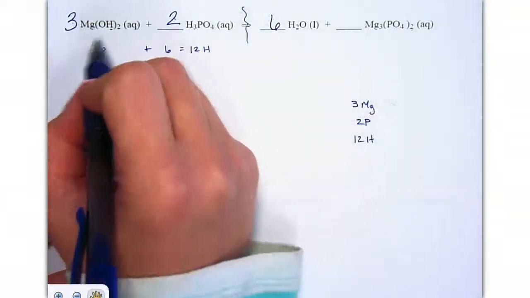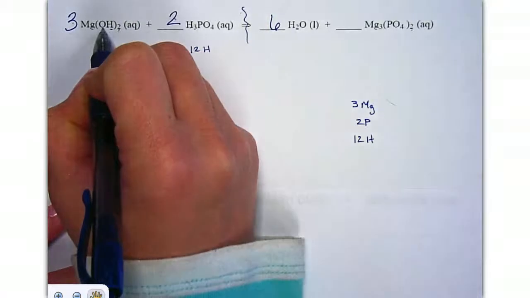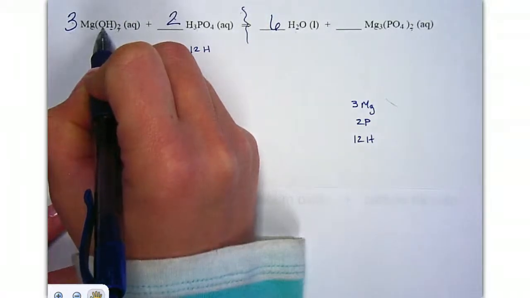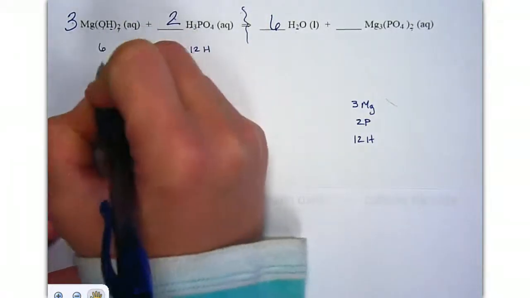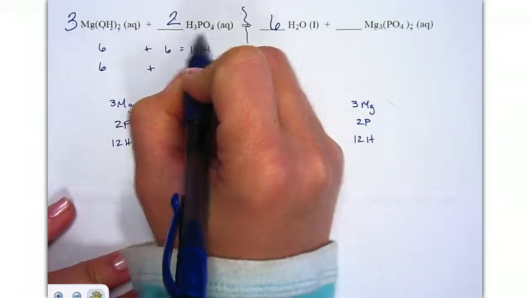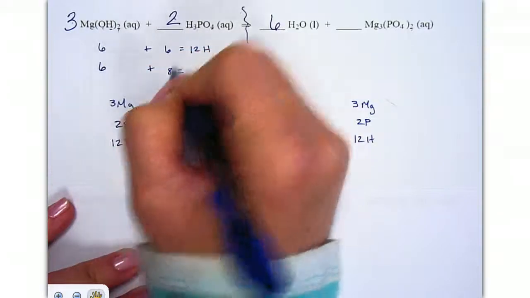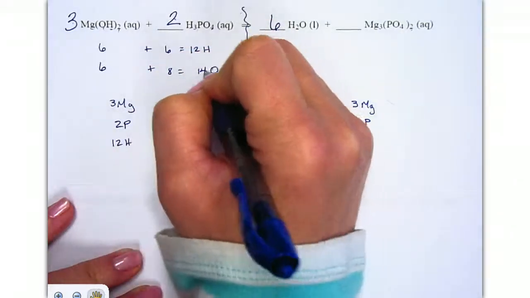Finally, I'll do oxygen. On the left, we'll say 2 times 1 equals 2. 2 times 3 equals 6 oxygens, plus 4 times 2 equals 8 more oxygens, and so when I add those together, I have 14 oxygens.